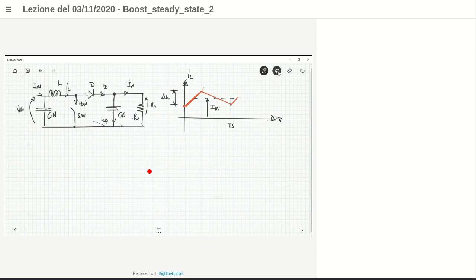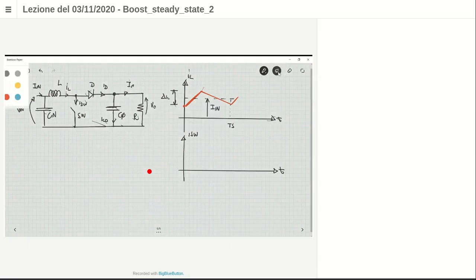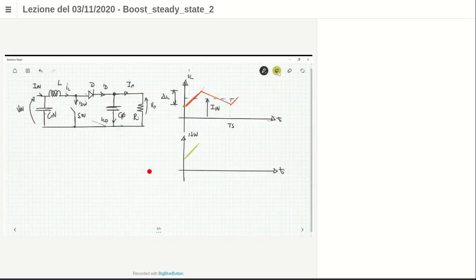Let's continue from the left to the right of the circuit by looking at the switch current. The current through the switch is the same as the inductor current during T on. When the switch is closed, the diode is off, so all the current IL flows through the switch. So the switch current has this waveform. This is T on.